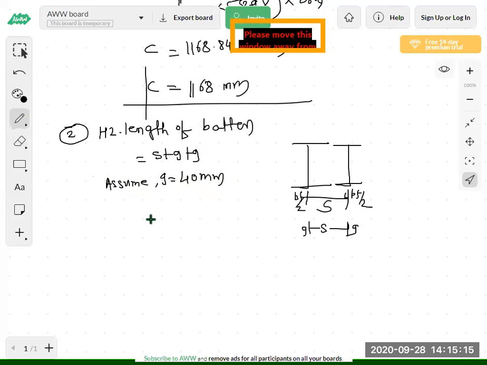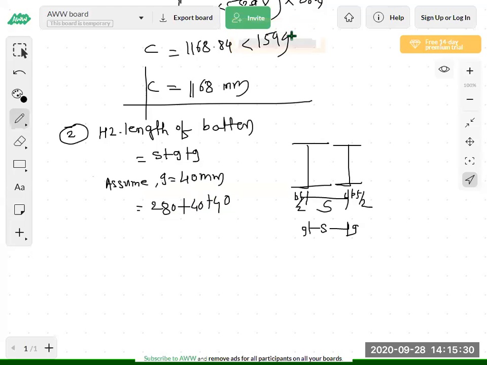So the horizontal length: S is 280 we have assumed, so 280 plus 40 plus 40, 360.